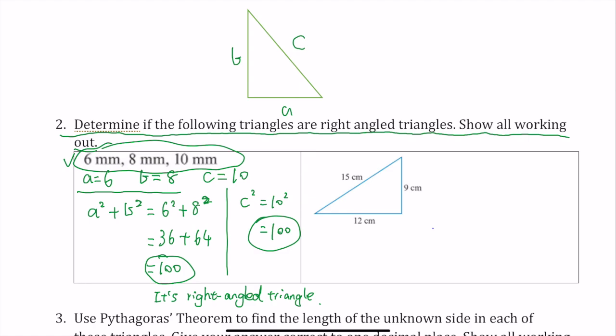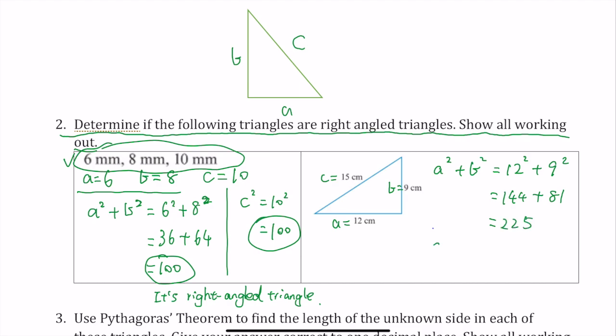Next, so this is A, and this is B, and this is C. We do the same thing. A squared plus B squared equals 12 squared plus 9 squared equals 144 plus 81 equals 225.